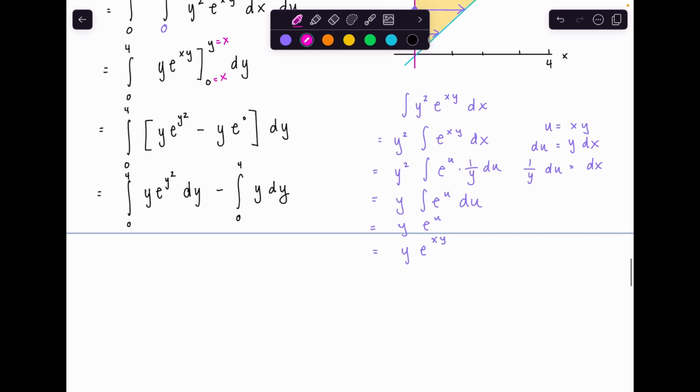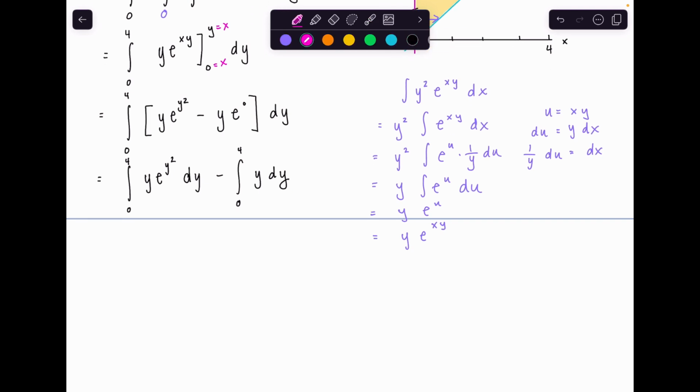But now, because it's just Calc 1 integrals, I can go ahead and do a u sub directly in this problem. So we let u equal y squared. du is then 2y dy. I don't have the 2, but that's not a problem. You just bring it as a 1/2.